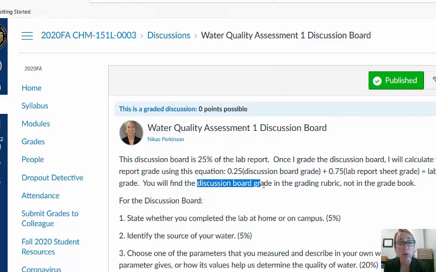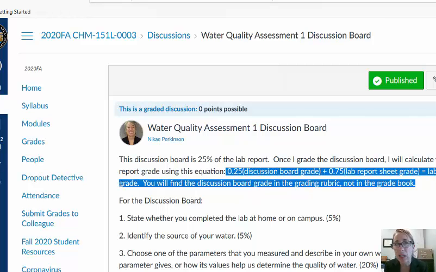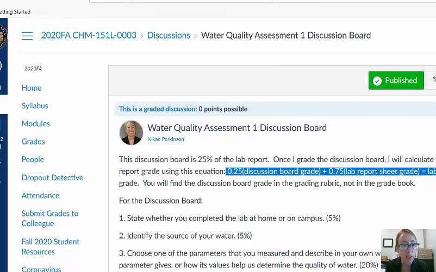You'll be able to find your discussion grade in the grading rubric. You just won't find it in the grade book. And then if you have any questions about how I calculate this, I can go over that in more detail, but that's how your grade is going to be calculated. So 75% of your grade is putting the data in the Google Doc, and then the other 25% is the discussion board.